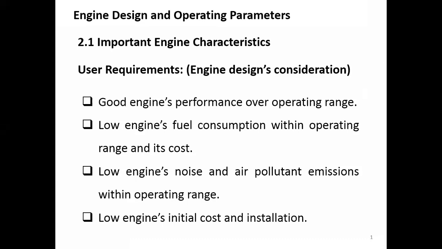To talk about the important engine characteristics, we have to know where they come from, right? Where do all these important engine characteristics come from? Of course, they have to come from the user requirement, right? Customer is always the boss, right?